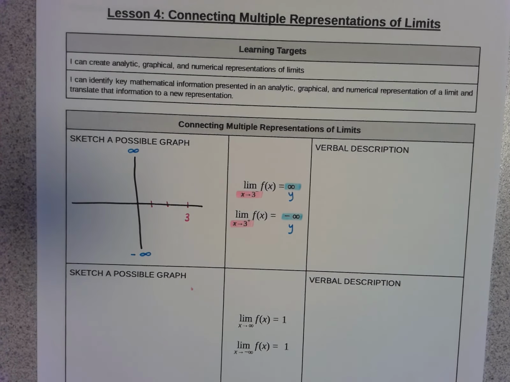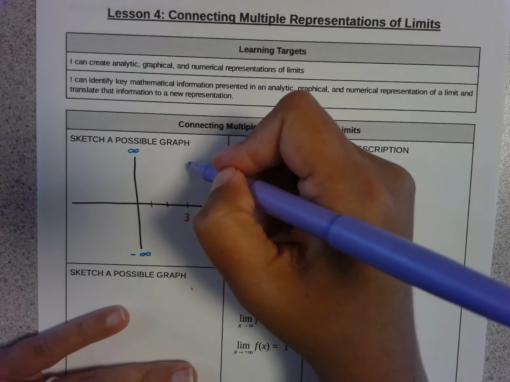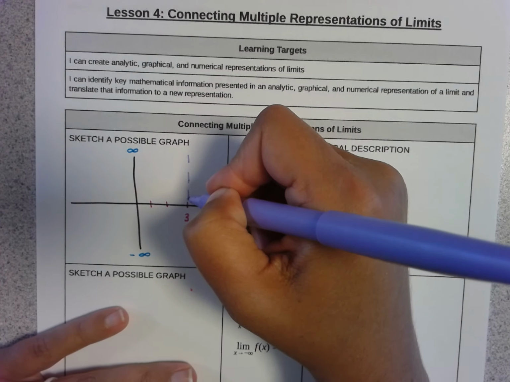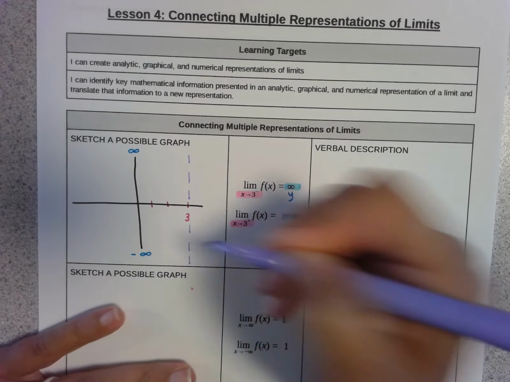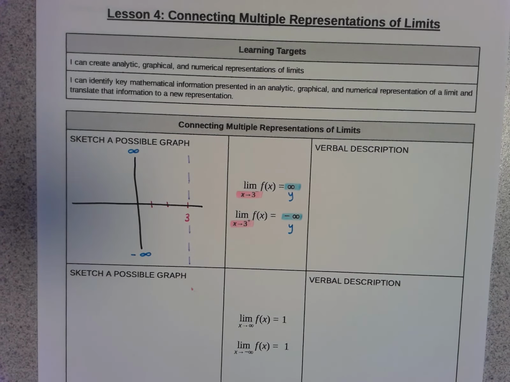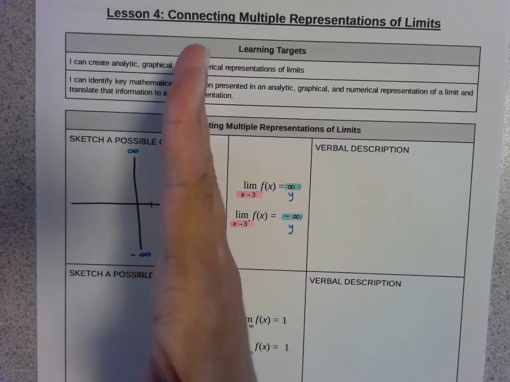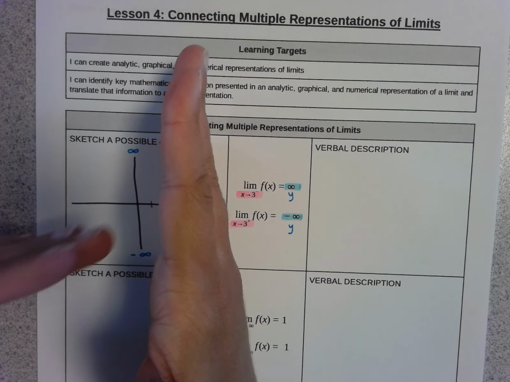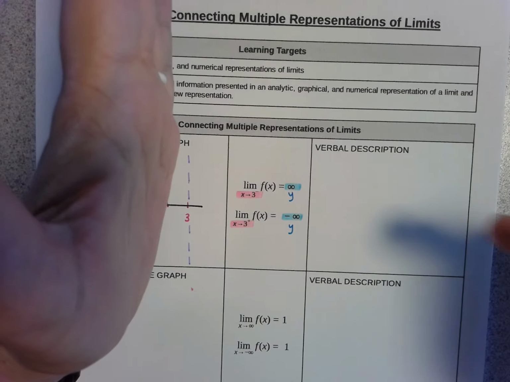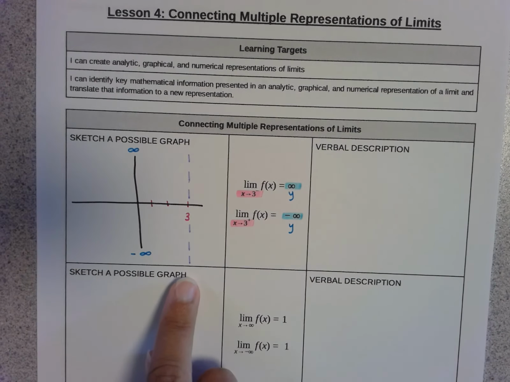That tells me that on my graph, there's going to be a vertical asymptote at 3. A vertical asymptote is a number that is not part of the domain of the function. So it means that our graph cannot touch that number. If you imagine it's like a wall, you can't cross the wall. So it forces your graph to go up or to go down because you cannot cross that line.